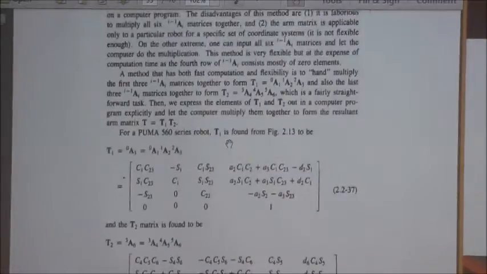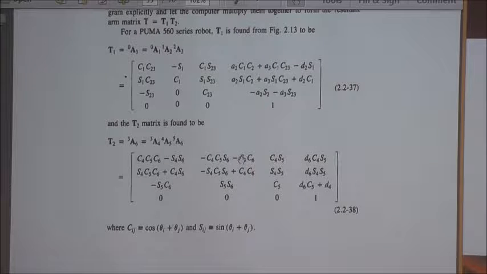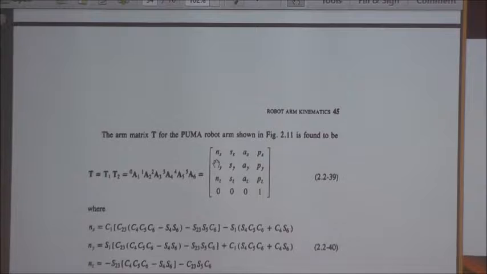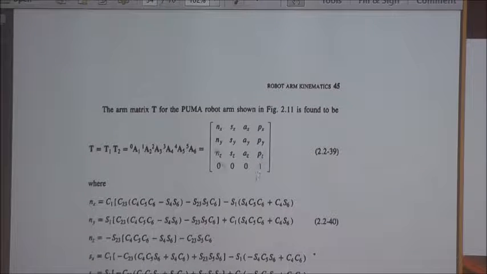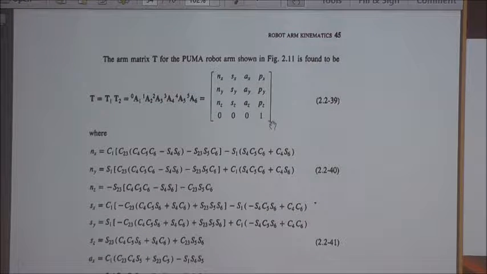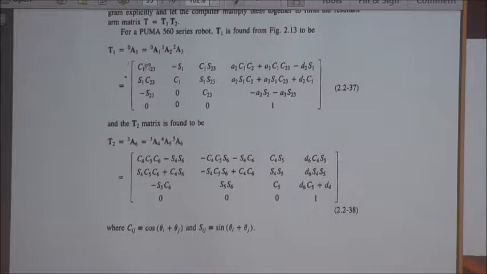Again, when you look at two sets of values, going from base to the third joint and from the third to the sixth joint, you have these two you saw before. You can multiply them together and you get something like this. Now, nx is equal to this row multiplied by this column.